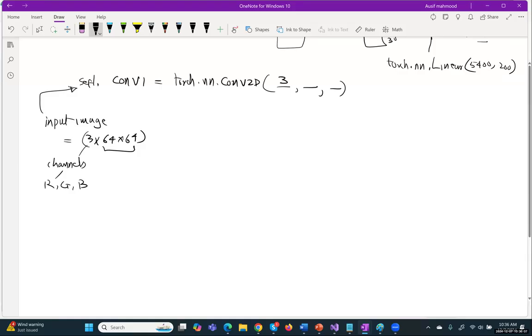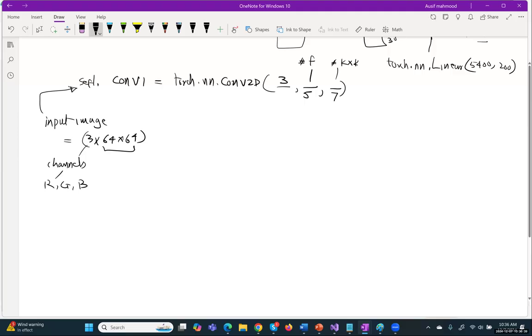How many feature maps, and what is the kernel size? This is the number of feature maps, and this is the kernel size, let's say K by K. Let's say we decide to use 5 feature maps and a kernel size of 7. What does that mean?